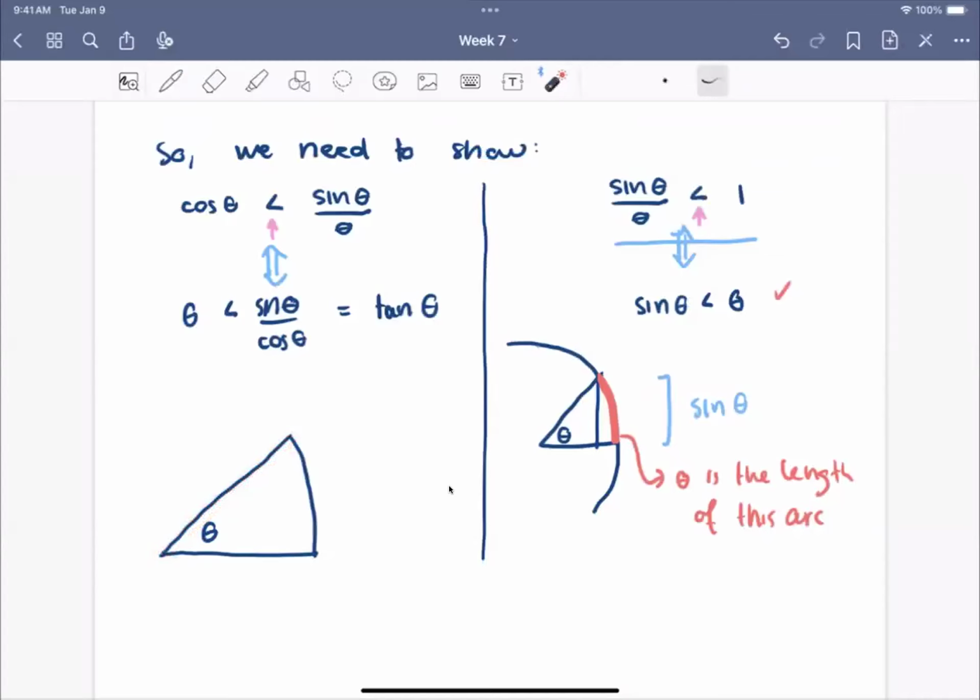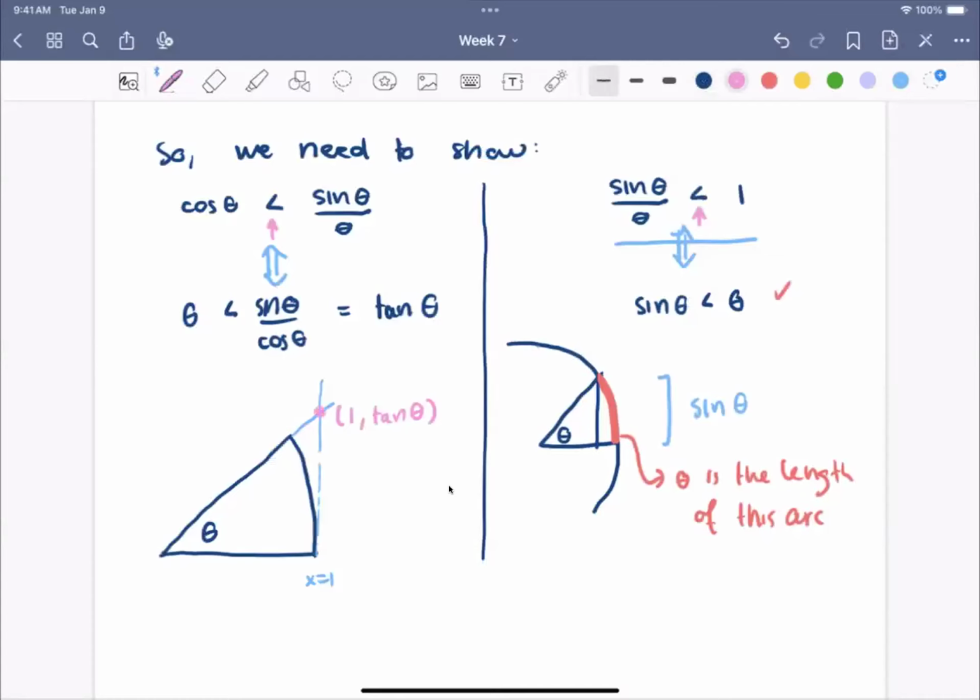Okay, so if I extend this line out to x equals 1, which is here, this point lies at 1 comma tan theta. Okay, because tan theta is the slope of that line. Slope is rise over run. So if run is equal to 1, then the change in y is equal to the slope, which is tan theta. So that's the coordinates of that point.